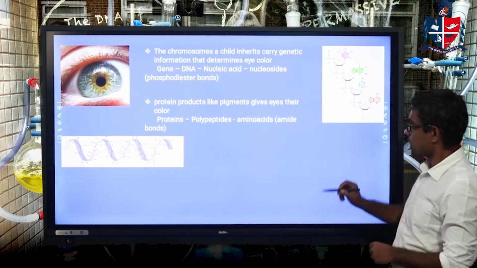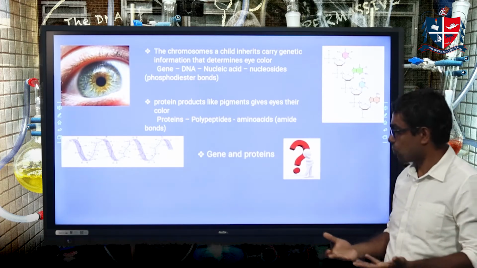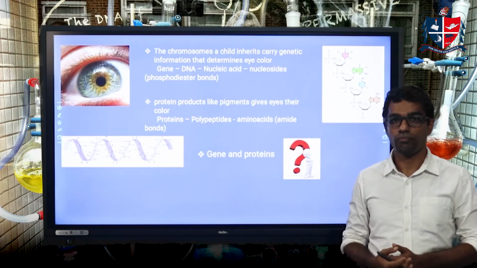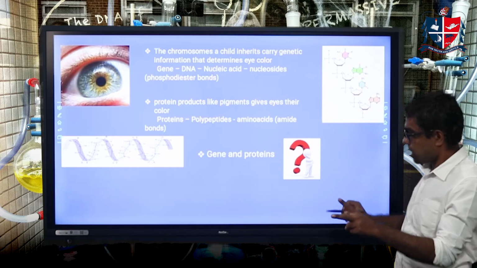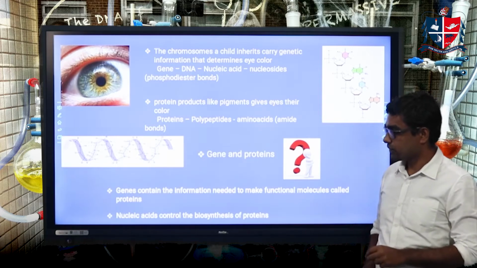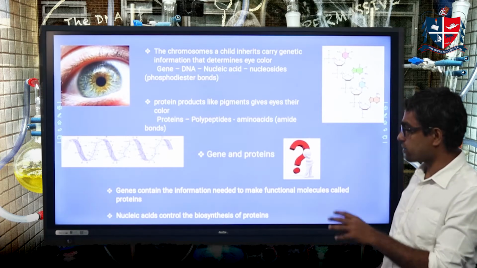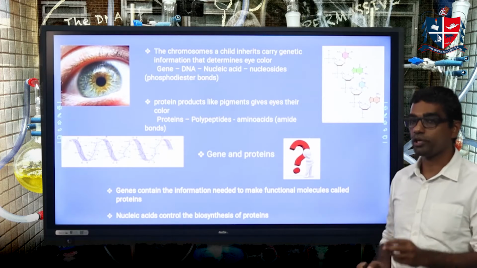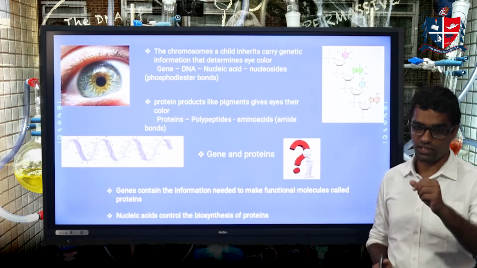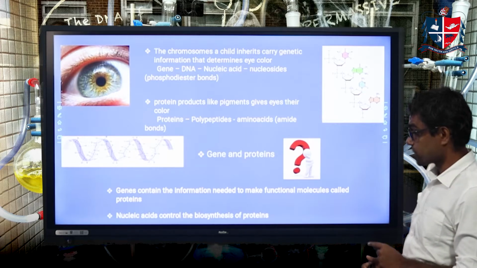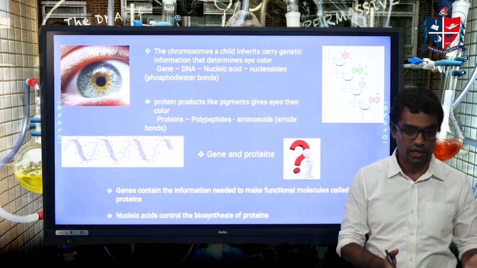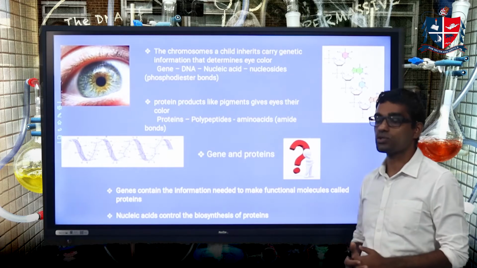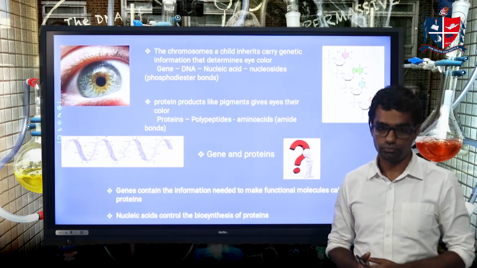So then you may ask, what's the relation between gene and proteins? I will show you 2 points. The first statement: genes contain the information needed to make functional molecules called proteins. And nucleic acids such as DNA or RNA control the biosynthesis of proteins.